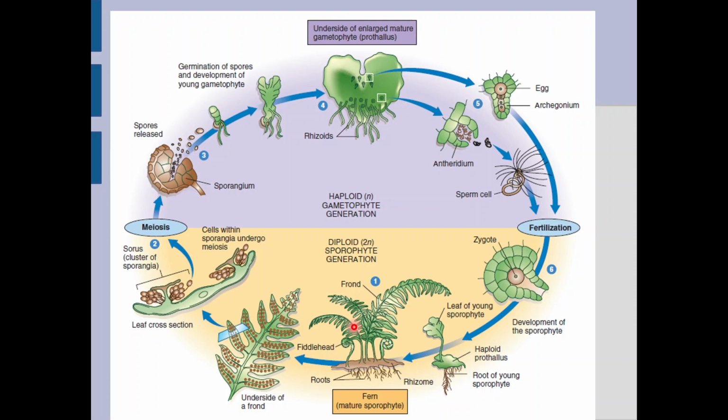Fern sporophytes are perennials, that is, they live for a number of years, and during the winter, like now, the leaves die each autumn, and the underground rhizome produces new leaves each spring.